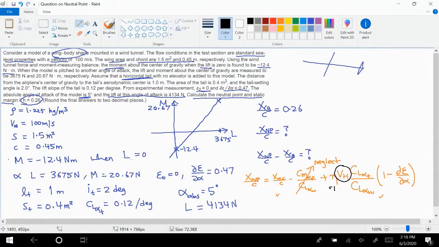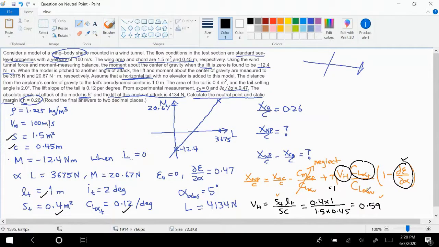Now the tail volume ratio is equal to ST times LT divided by S times c. This is by definition, as we have already discussed in the past. So this is equal to the area of the tail, 0.4 meters square, times LT, 1 meter, divided by the wing area, 1.5, times the chord of the wing, 0.45.